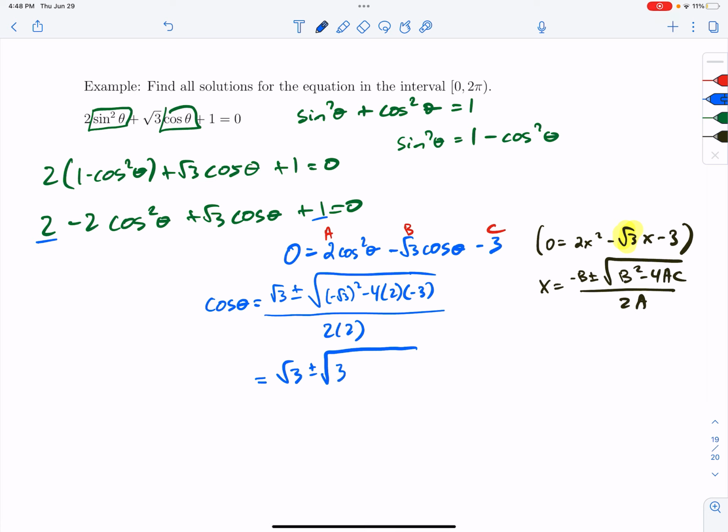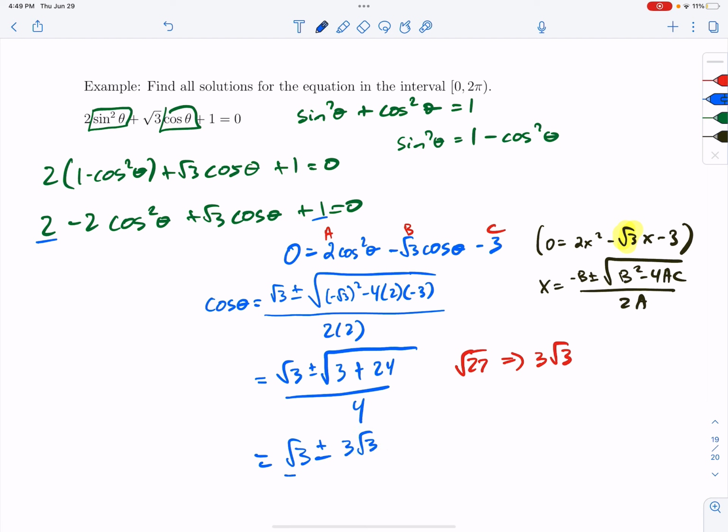And then minus 4 times 2 is negative 8, times 3, so negative 8 times negative 3 is positive 24 here, divided by 4. I can do a little simplification. So I get square root of 3 plus or minus square root 27 is what we get, but I can simplify that to 3 square root 3 divided by 4 here.